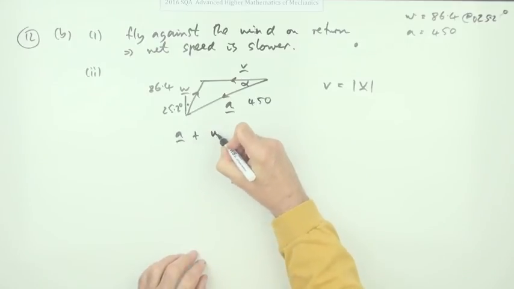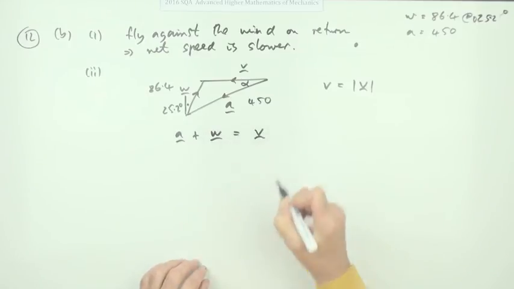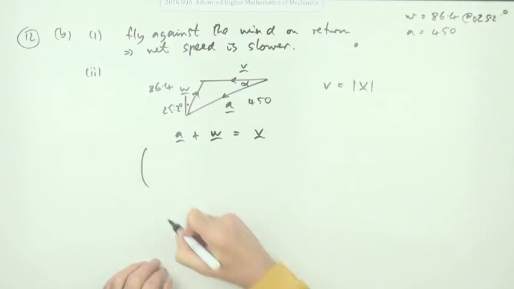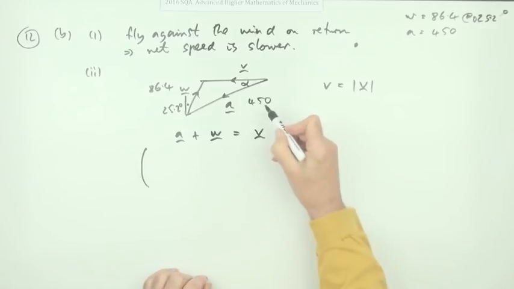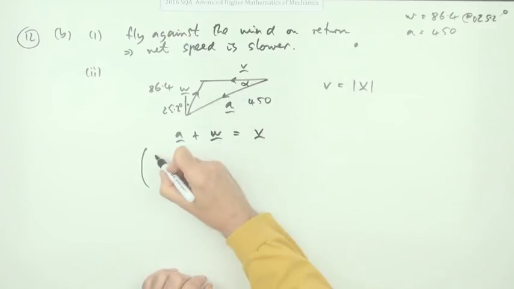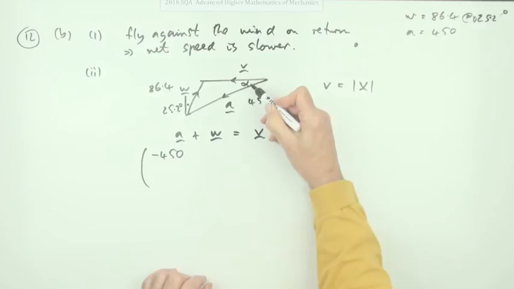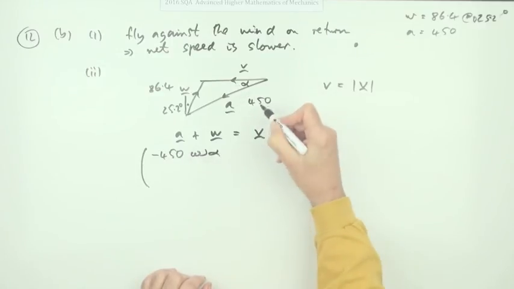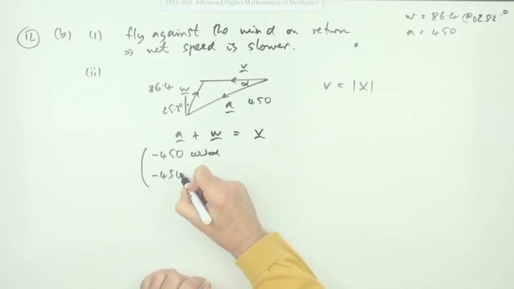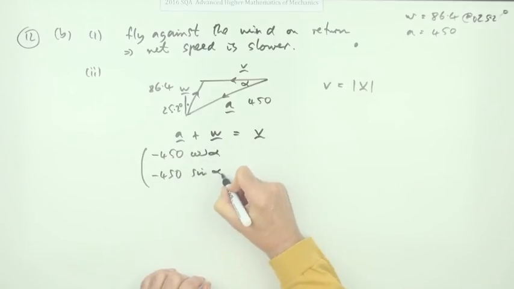Well, the velocity of the aircraft plus the velocity of the wind equals the resulting velocity. So let's put that down. So across the way, x direction first of all, this is going backwards and downwards. So negative 450, and the horizontal's next to alpha, so that'll be cos alpha. Down the way, it's negative 450, and that must therefore be sine alpha.